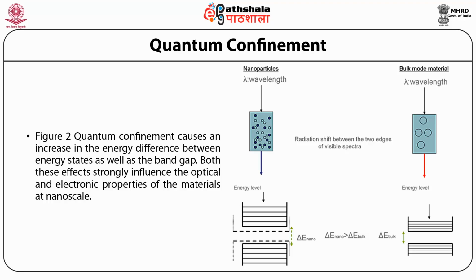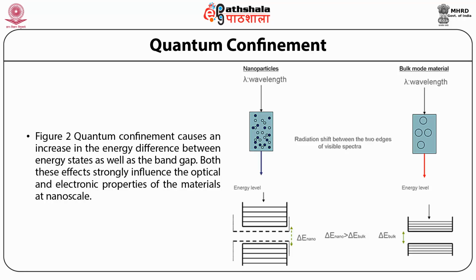This figure shows that quantum confinement causes an increase in the energy difference between the energy states as well as the band gap. Both these effects strongly influence the optical and electronic properties of the materials at nanoscale.